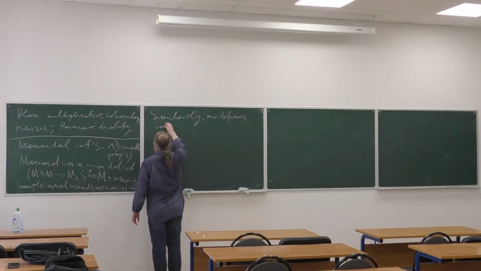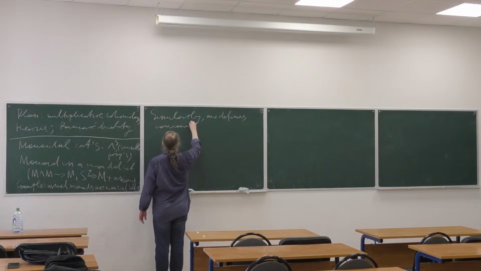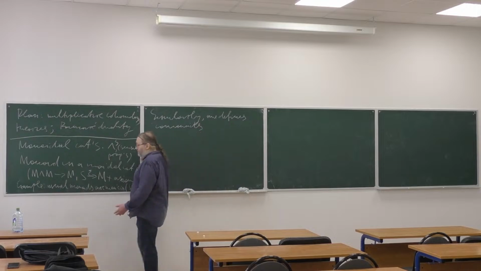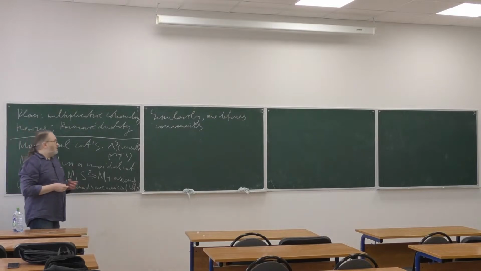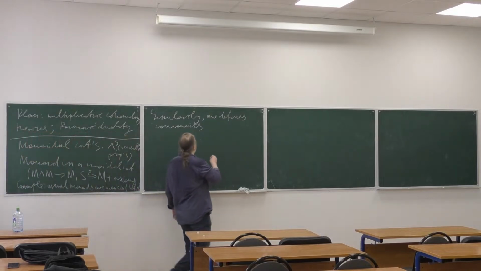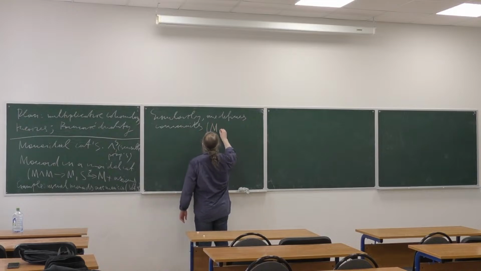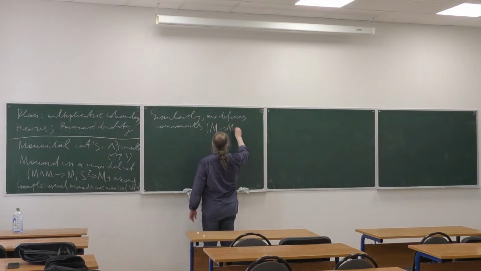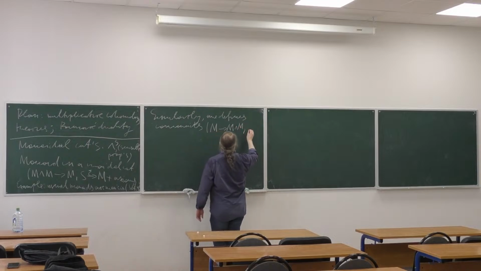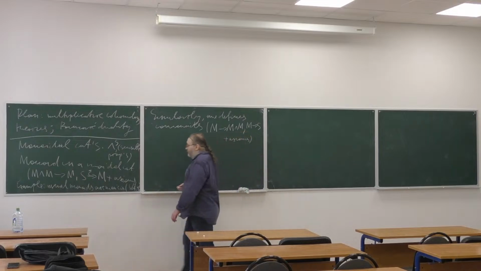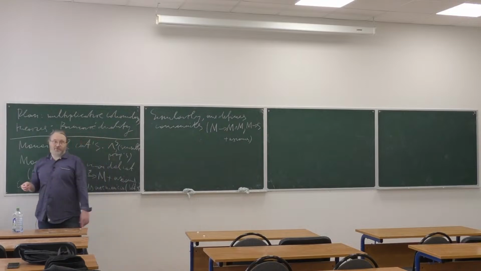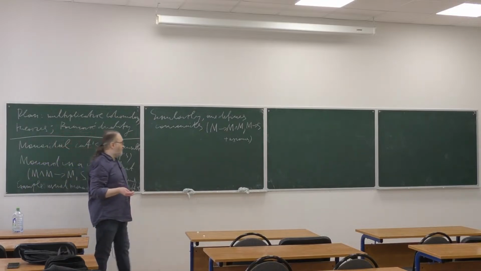Well, similarly to monoids, one defines comonoids. Basically, one takes the definition of a monoid and inverts all arrows.